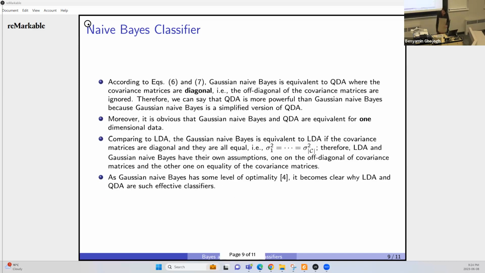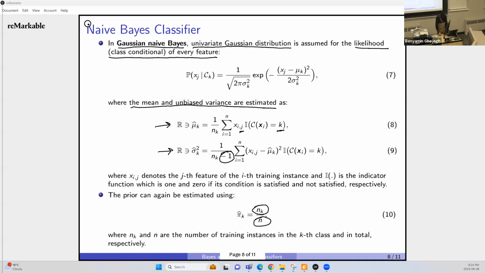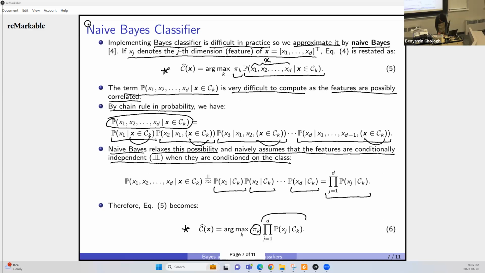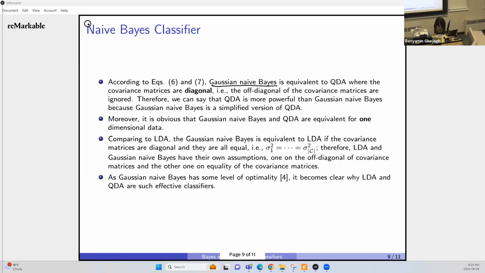According to equations 6 and 7, Gaussian naive Bayes. What was 6 and 7? So this was 7. This was 6 for general naive Bayes, right? Gaussian naive Bayes is equivalent to QDA. Why? Because QDA also assumes that the classes are unimodal Gaussian distributions, right?